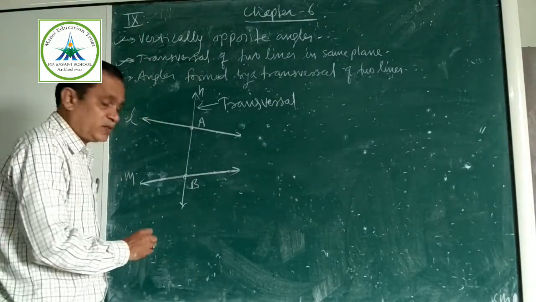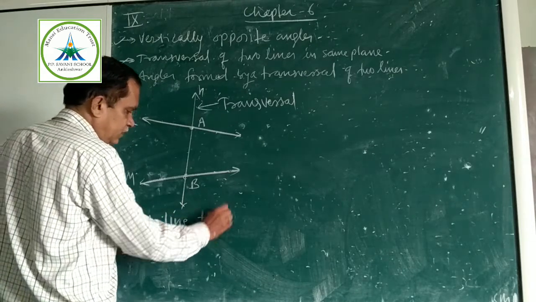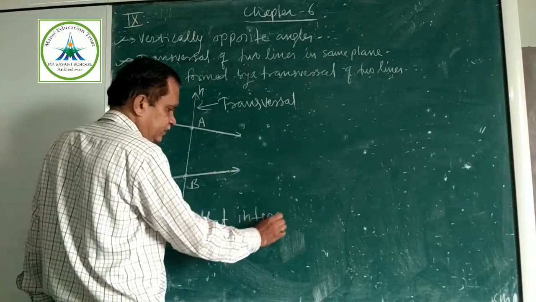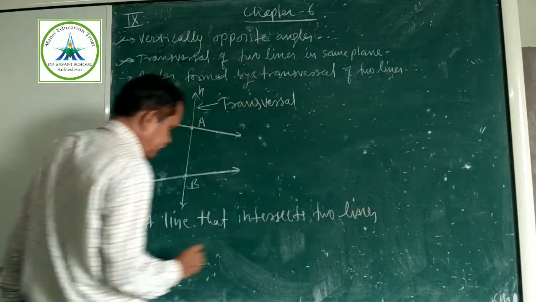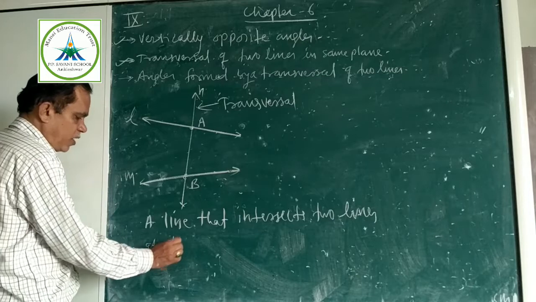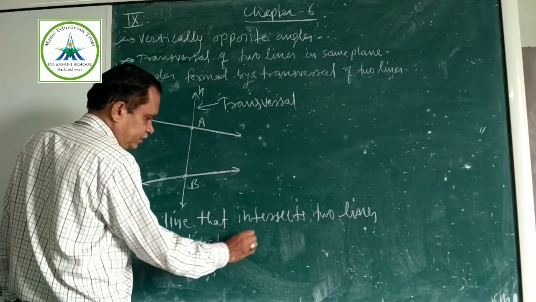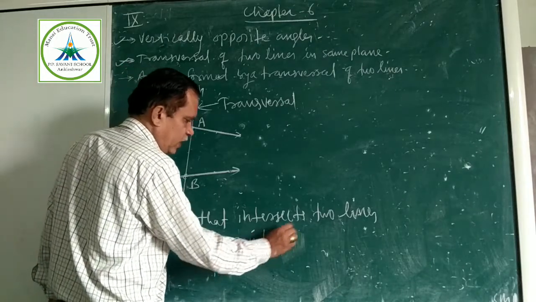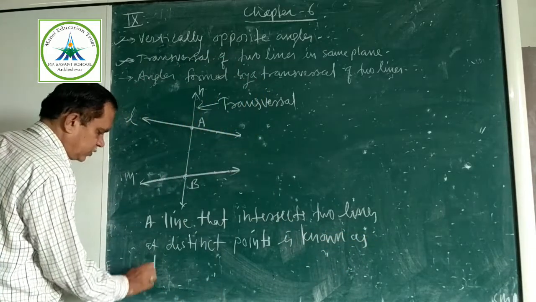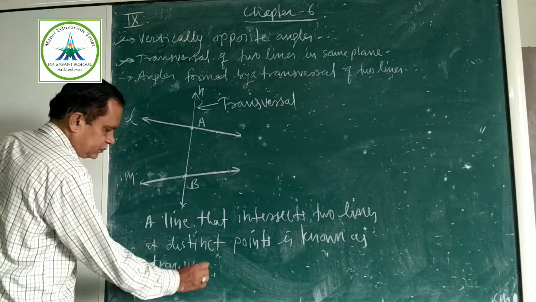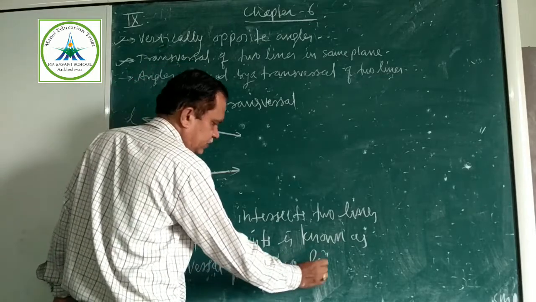See then, we can write in words: a line that intersects two lines at distinct points is known as a transversal of two lines.